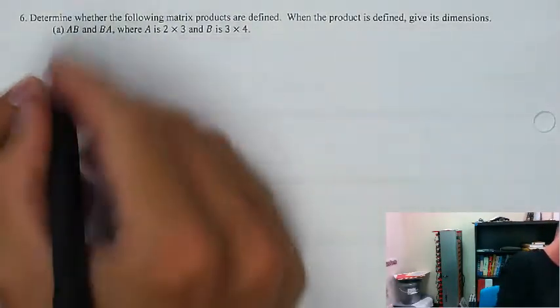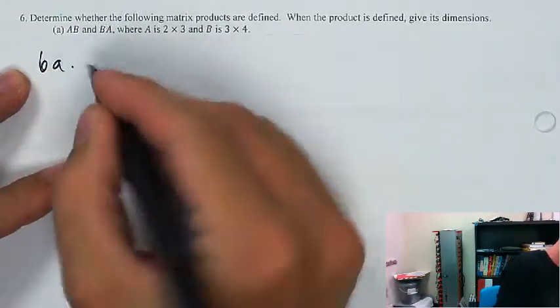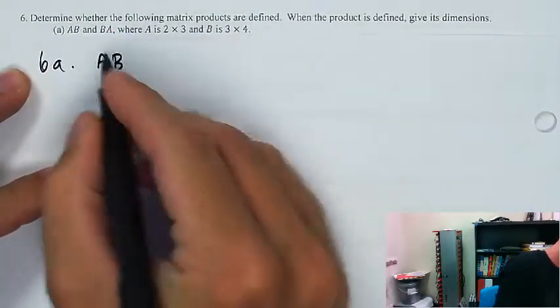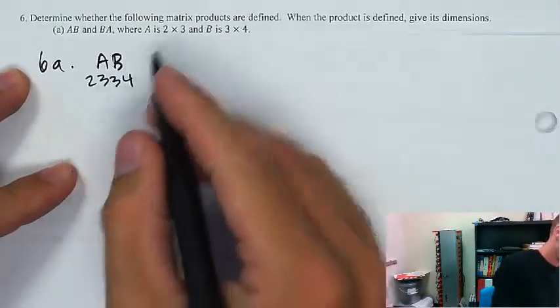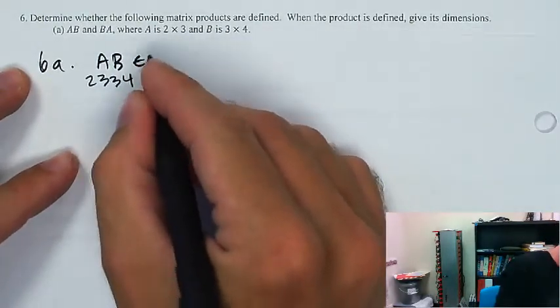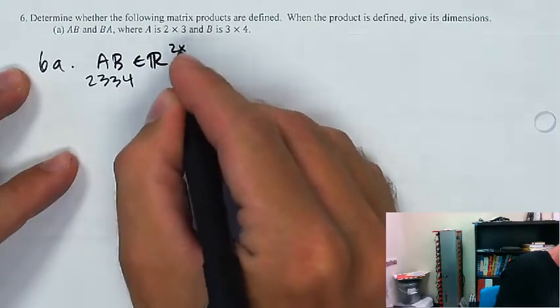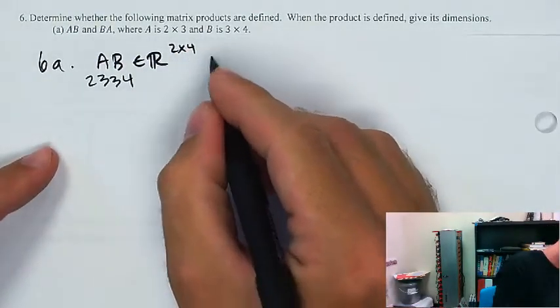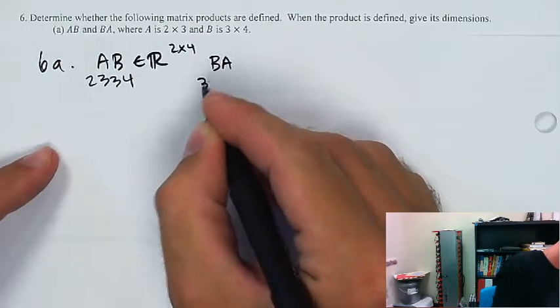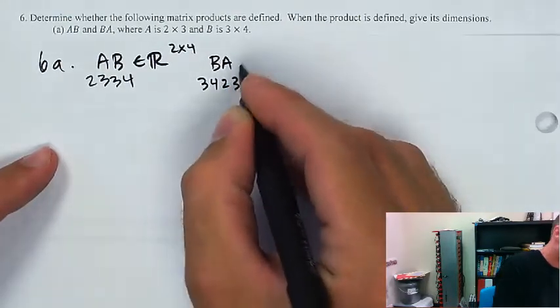Okay, A is 2 by 3 and B is 3 by 4, so for 6A, AB is a 2 by 4 matrix. Let's see, BA is 3 by 4 times 2 by 3, undefined.